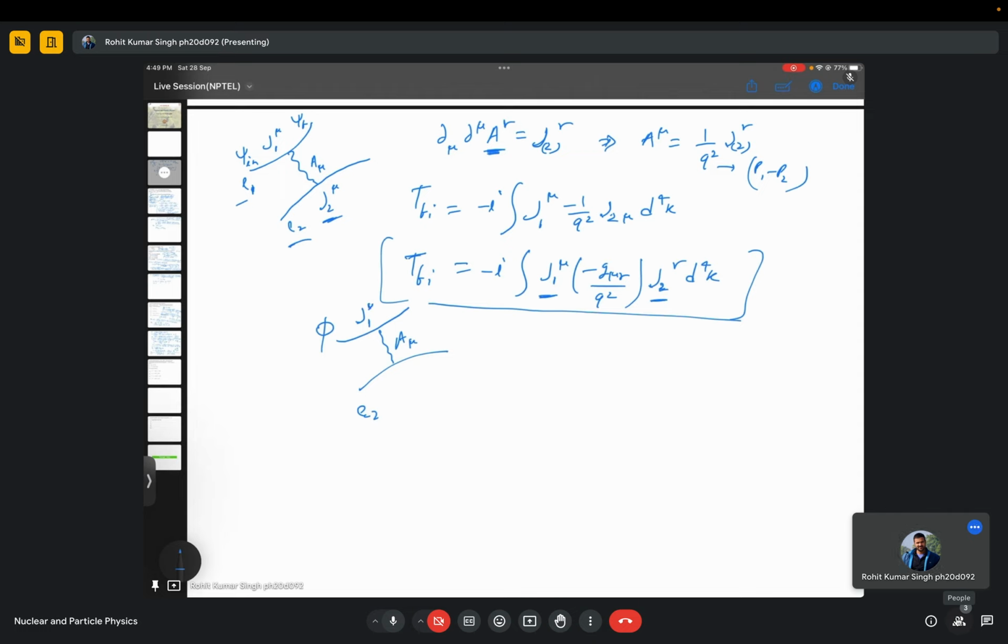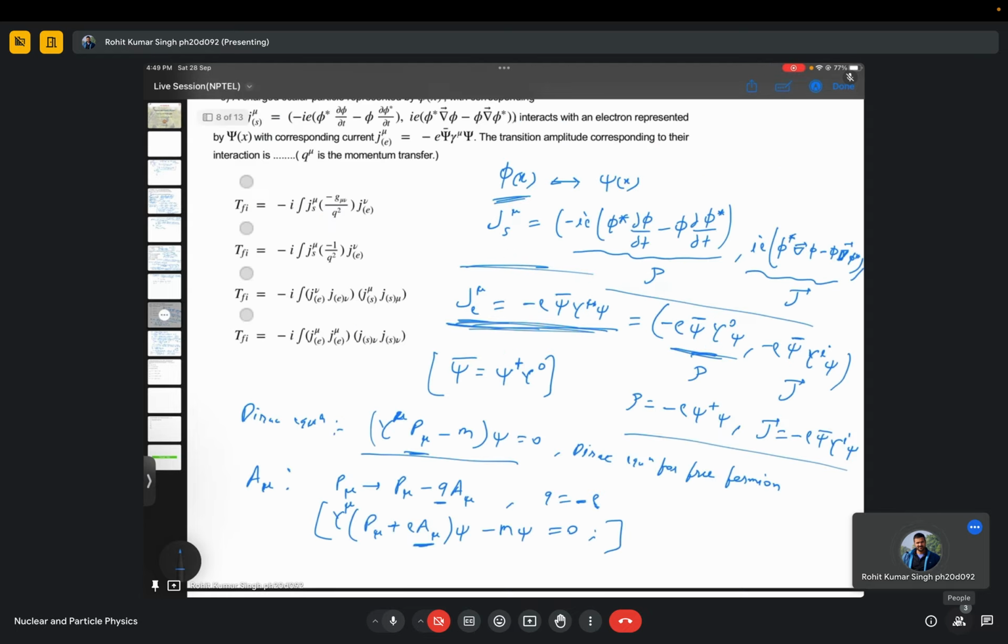If you can see in the option, you have this thing. Here J1 is the current of the scalar field, and this will give you the transition amplitude corresponding to their interaction. So this one is the correct option.